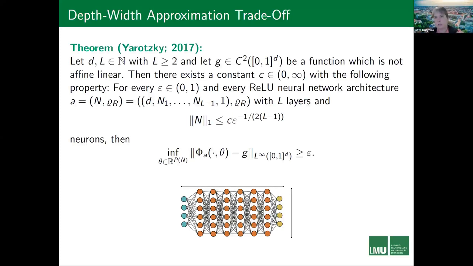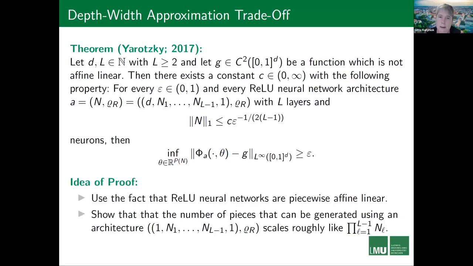This area is basically being explored, and there are numerous results on expressivity. Let me also briefly mention the idea of the proof. This relates again to the fact that ReLU neural networks are piecewise affine linear, and one counts the number of pieces for architectures of that type.